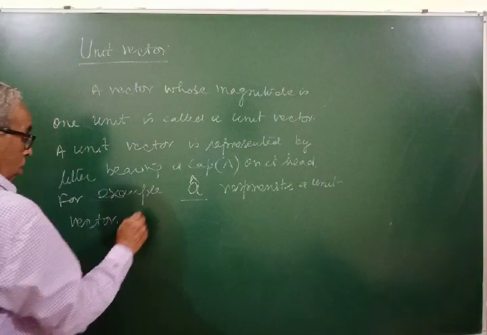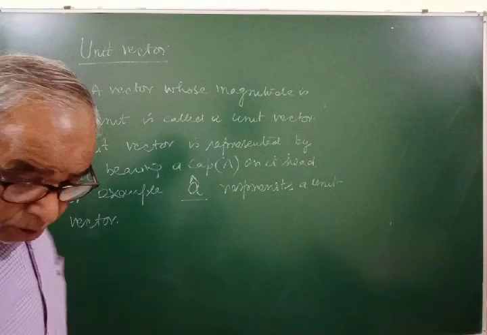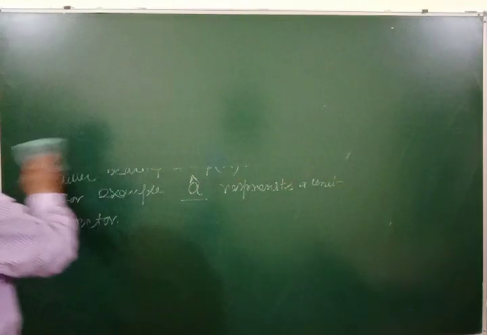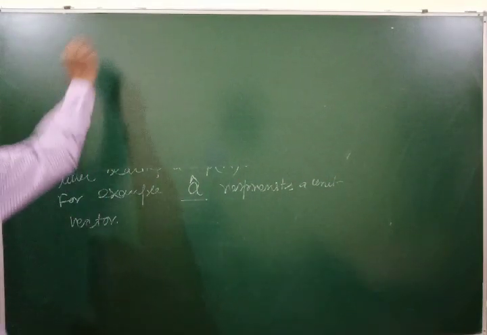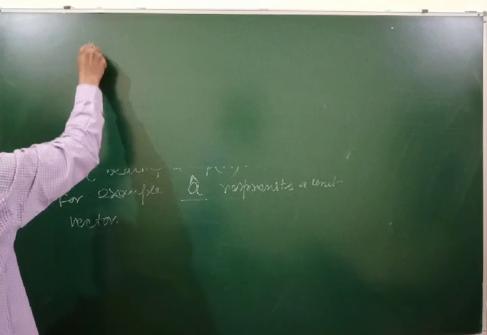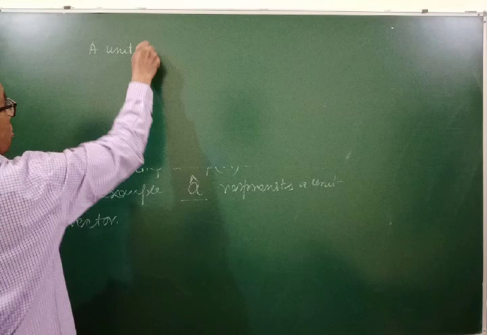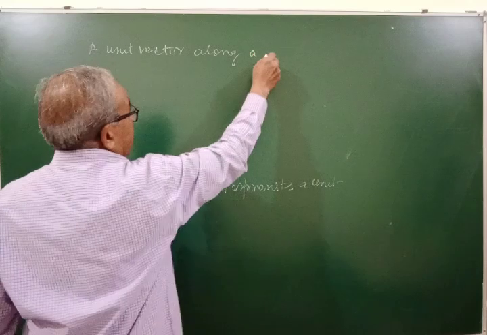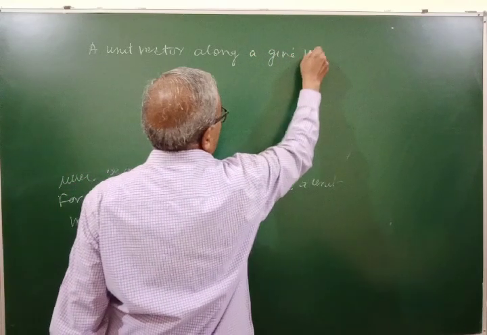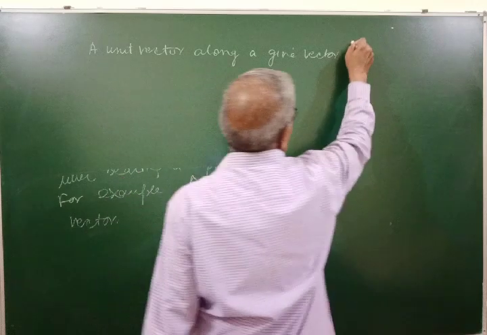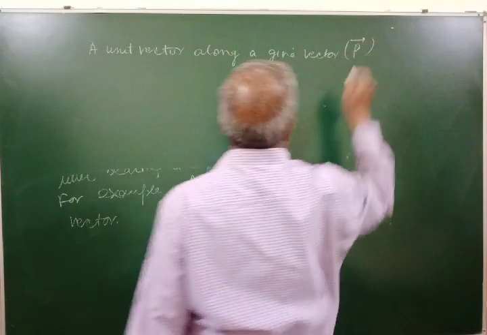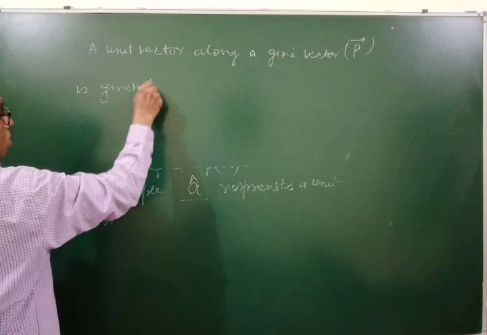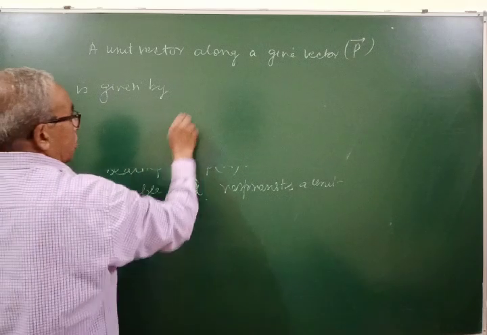And one thing very important here, this is very important to understand and to learn. A unit vector along a given vector, say P, is given by small p cap.